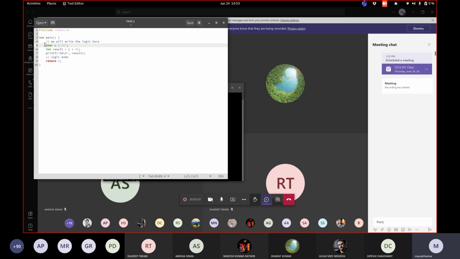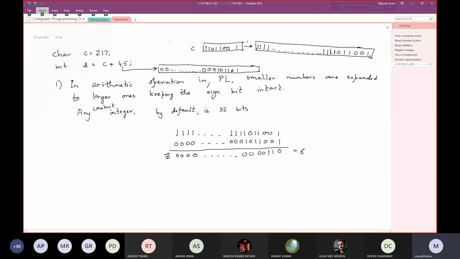But when I wrote that unsigned keyword back, what happened? As it is unsigned, this is no longer a sign bit. It is an unsigned number, so it is by default positive, right? So this will be 0 in that scenario. All of them, up to this bit, will be 0 for unsigned.